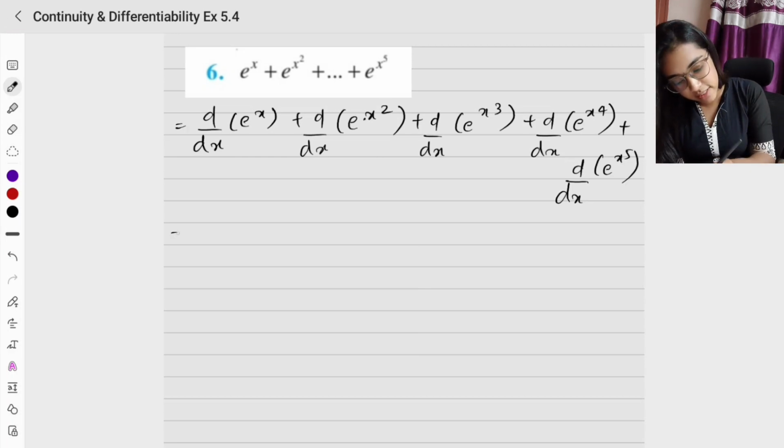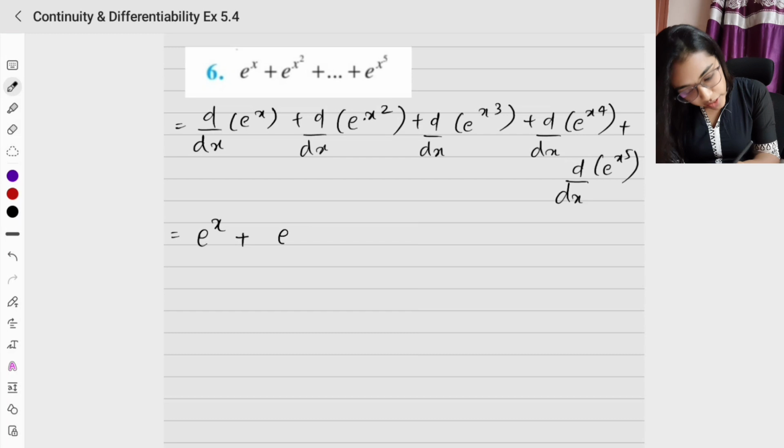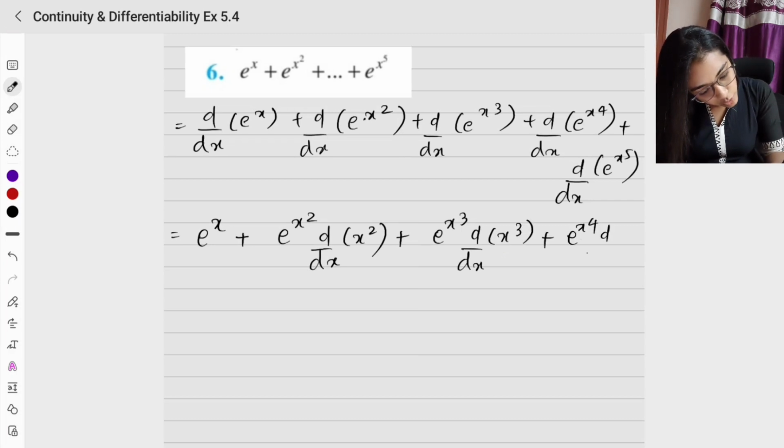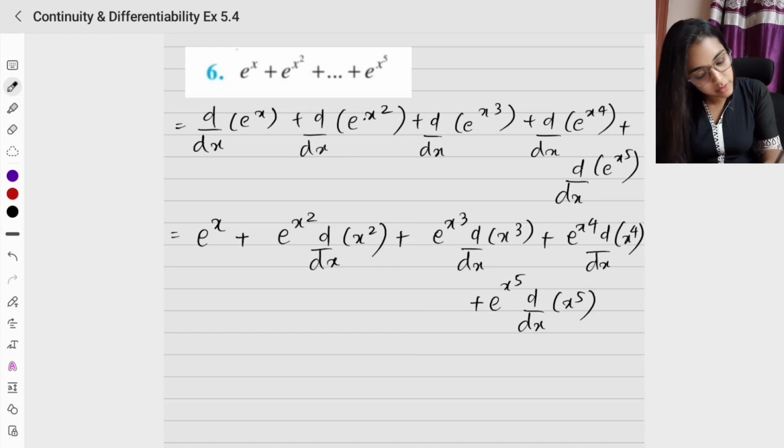So, what is my answer? ஒரு step differentiate பண்ணிட்டு வந்தா d by dx of e to the x is going to be simply e to the x, plus d by dx of e to the x square. So, it is going to be e to the x square, but in turn, you have to do d by dx of the function, d by dx x square, plus e to the x cube க்கு e to the x cube times d by dx of the function x cube, plus again e to the x power 4 d by dx of x power 4, plus e to the x power 5 d by dx of the function x power 5.